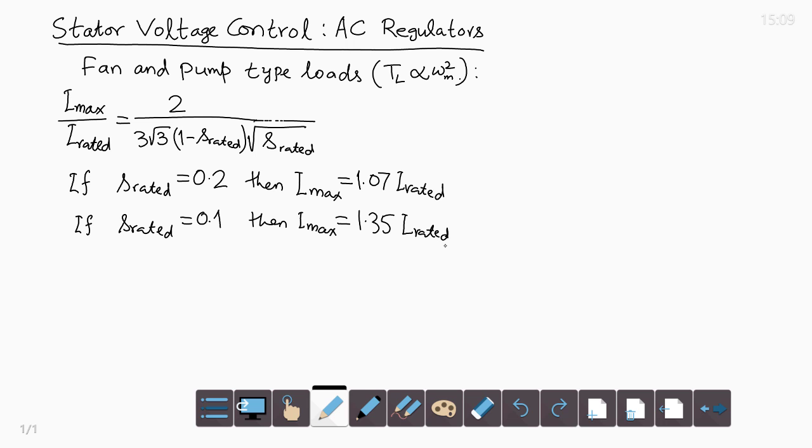So, these two values indicate that the maximum current has a lower value for a motor with larger full load slip, as you can see.